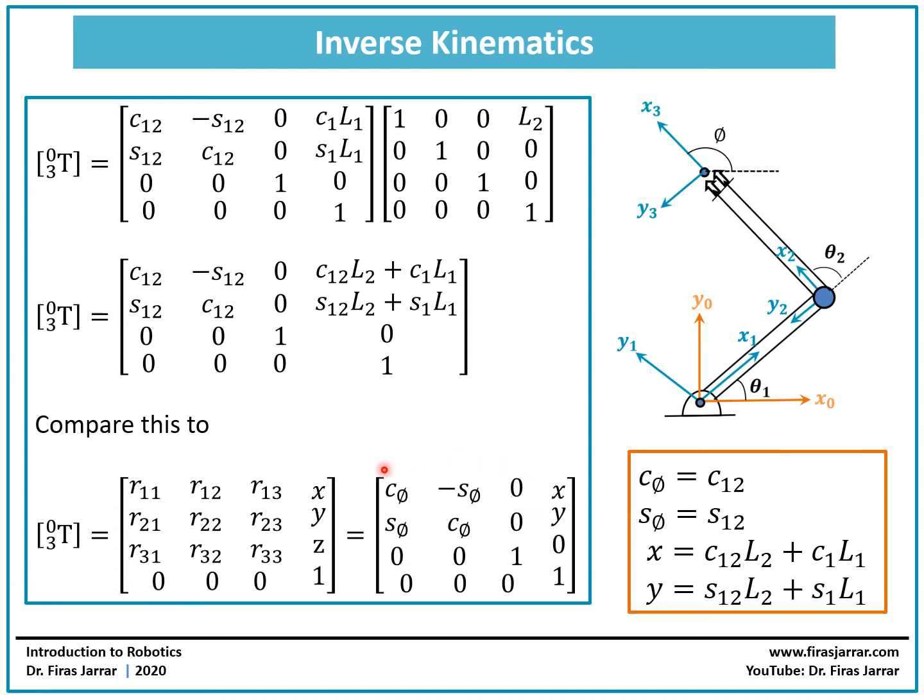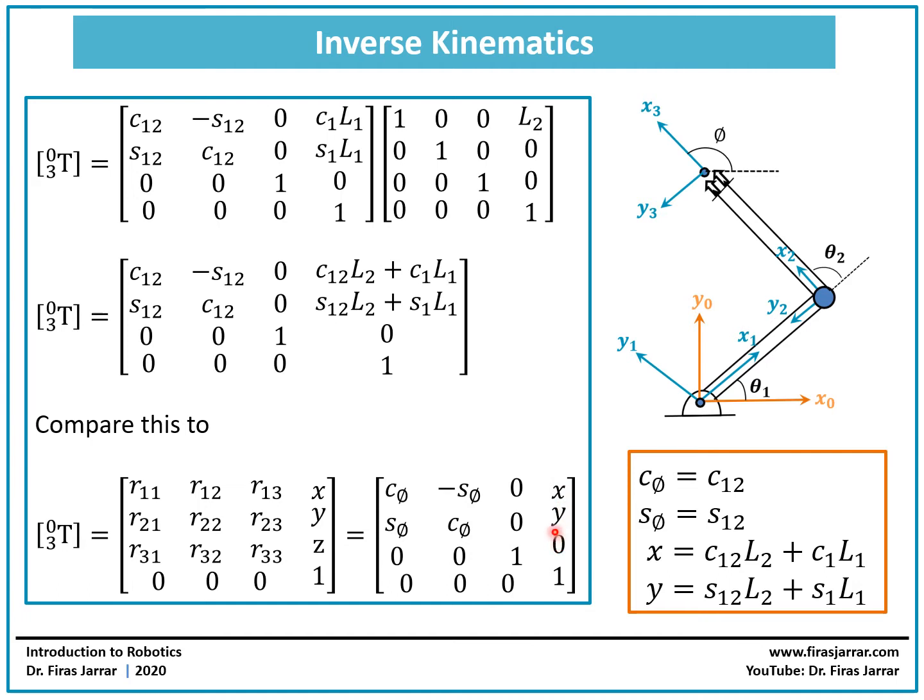If we can't determine it, we can just keep it as R11, R12, and so on, representing any given orientation. As I said before, for this problem, the focus is mainly on the position of the end effector. So we have x, y, and zeros, and a 0.